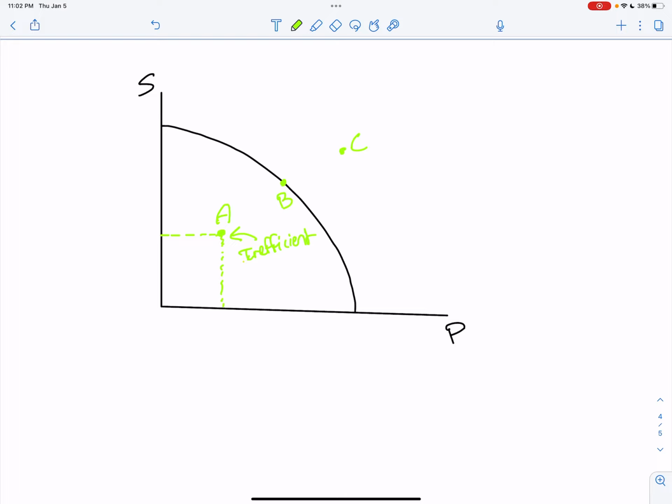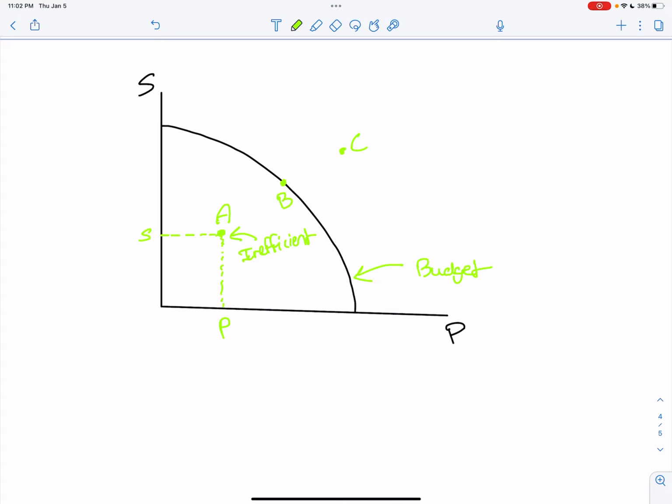Why is it inefficient? Well, you notice that whatever combination of P and S is chosen at A, the society could have actually had more P and more S, right? If this PPF represents the budget, then at point A, the society is not spending its entire budget, right?